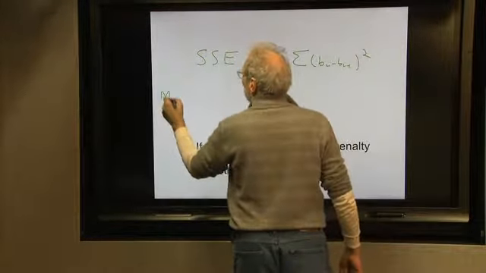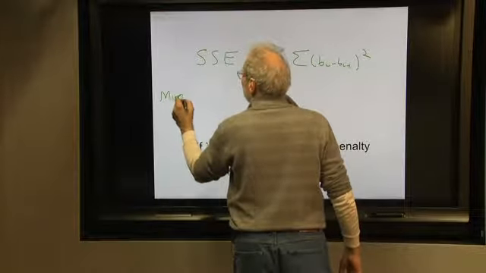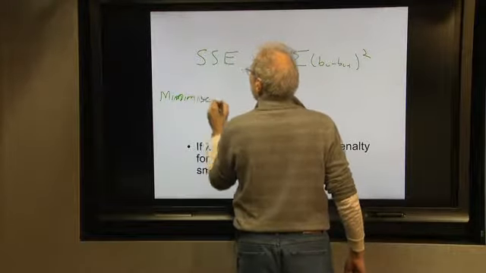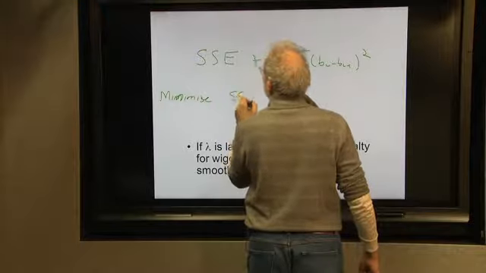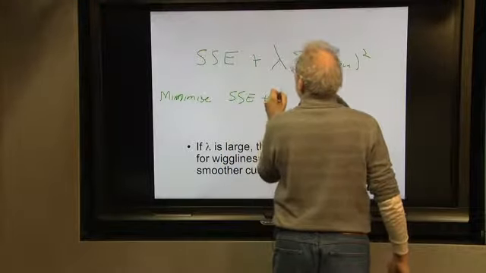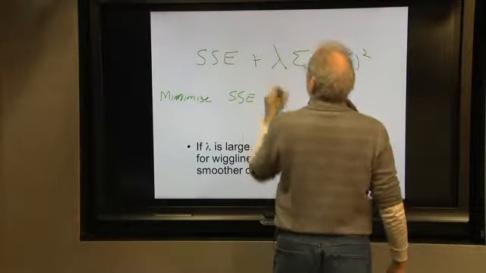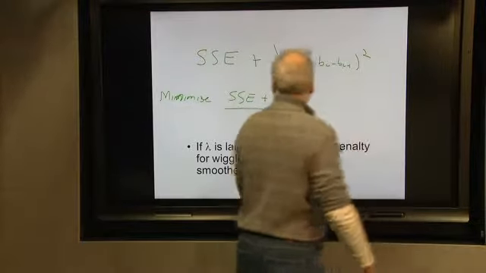So I want to minimize the sum of the squared errors plus R, which remember has that lambda in it.